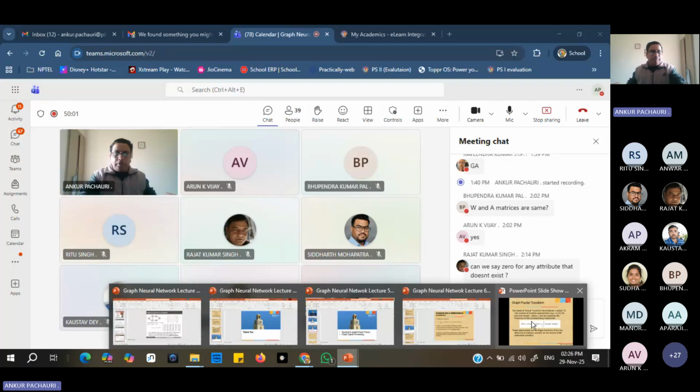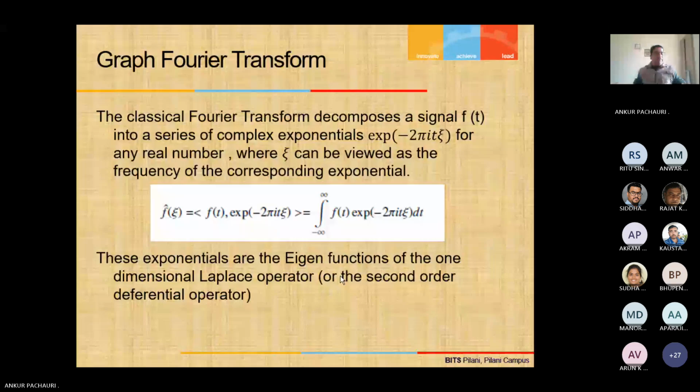Now the second is the graph Fourier transform. So what is the use of Fourier in this? In our mathematics, in calculus, we have solved Fourier transformations.